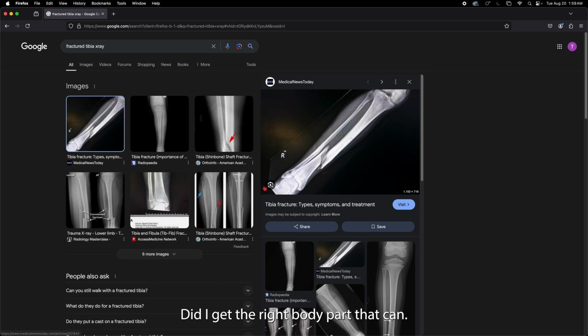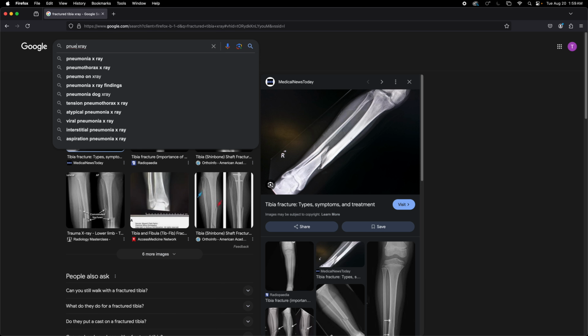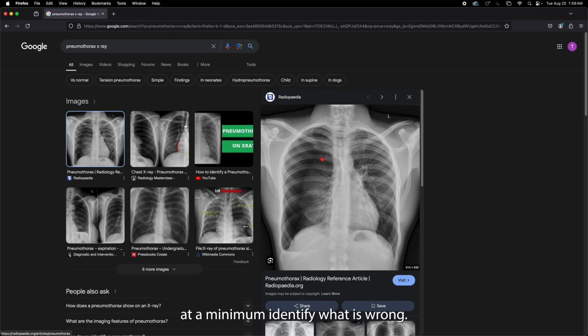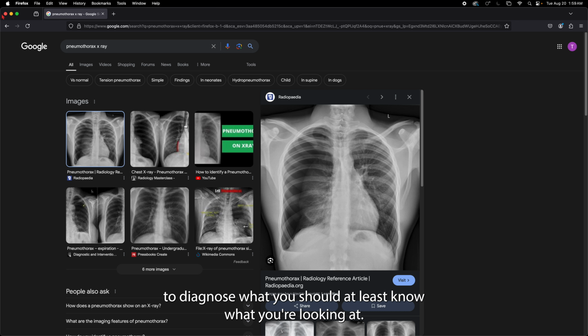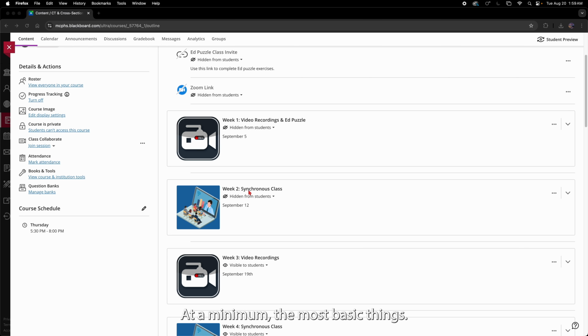Where is this fracture? Did I get the right body part? That kind of stuff. This is an exaggerated example, right? But let's look at, say, a pneumothorax. You should be able to, at a minimum, identify what is wrong, right? So that's the thing with X-ray. You're not required to diagnose, but you should at least know what you're looking at, the most basic things.